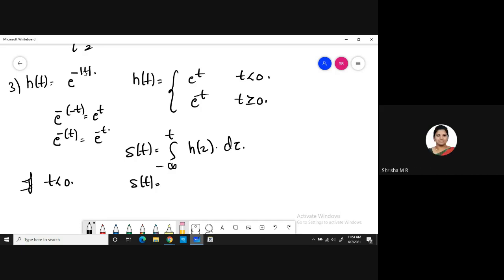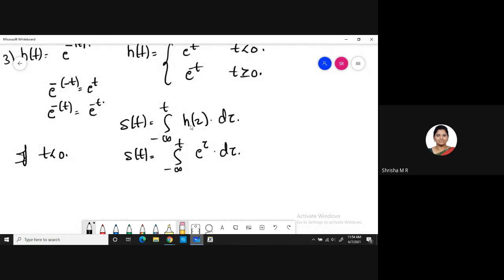Why 1? You have the integral from minus infinity to t. If t is less than 0, it is e power tau d tau, because it's e power t for t less than 0, right? Substitute this here. In place of h of t, put h of tau, that is e power tau d tau. Try solving this. What do you get?